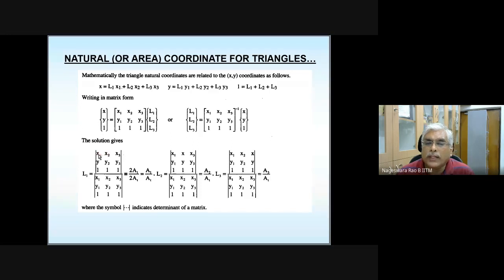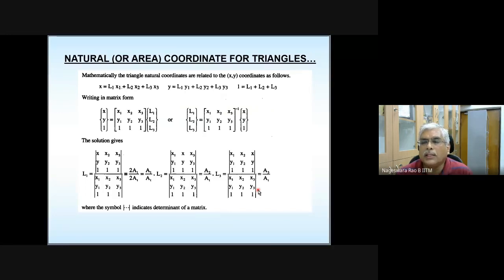So when you substitute x equal to x1 plus x2 divided by 2, y equal to y1 plus y2 divided by 2, L1 turns out to be half, L2 turns out to be half, L3 turns out to be 0.